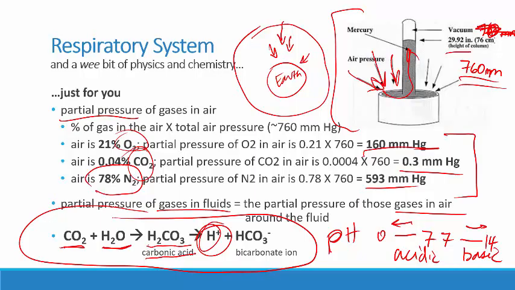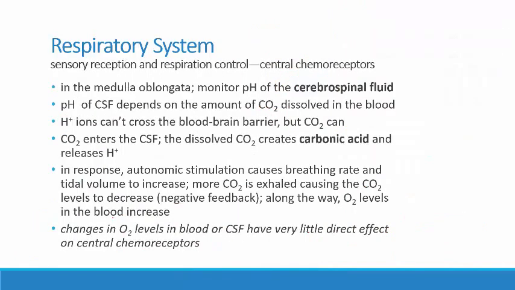Okay, so now let's talk about control. In the medulla, there are chemosensors. They're called the central chemoreceptors because they're associated with the central nervous system. And they're chemoreceptors because they're monitoring the chemistry of a fluid, cerebrospinal fluid in this case. So the pH of the cerebrospinal fluid, as we've just talked about, depends on the amount of CO2 that's dissolved in the cerebrospinal fluid.